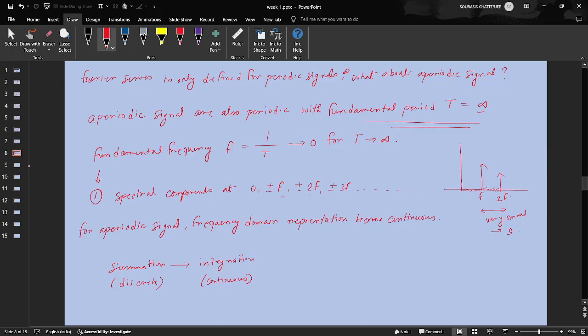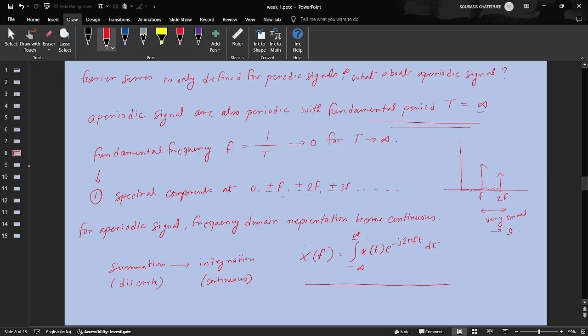So in the Fourier series you have summation because your function is defined at discrete frequencies, but for an aperiodic signal it will become integration, which becomes a continuous function of the frequency f. And now I will give the Fourier transform, which is defined as X(f) for an aperiodic signal x(t) as the integral of x(t) e to the power minus j 2 pi f t dt, from minus infinity to infinity.